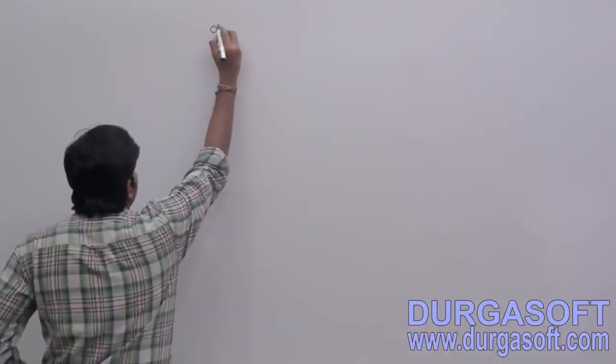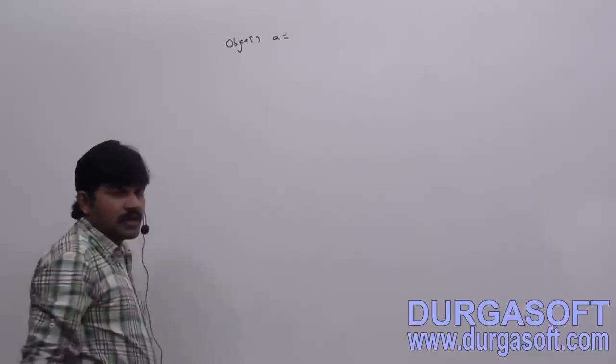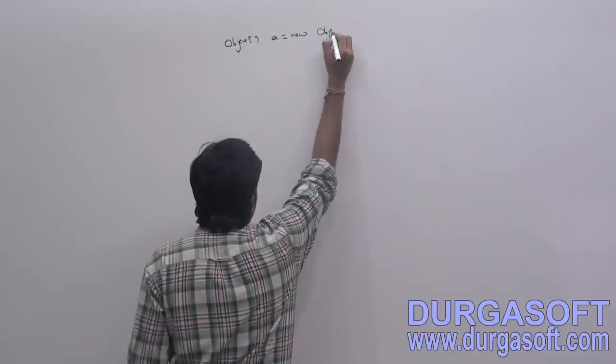I am taking one object array: Object[] a = new Object[10]. Now a[0] = new Object().